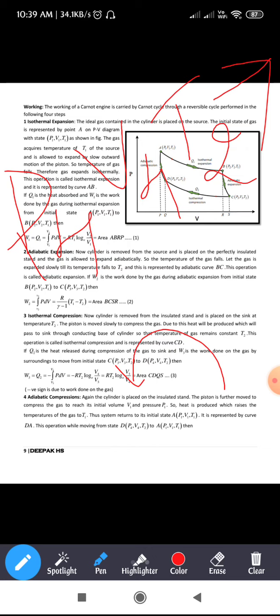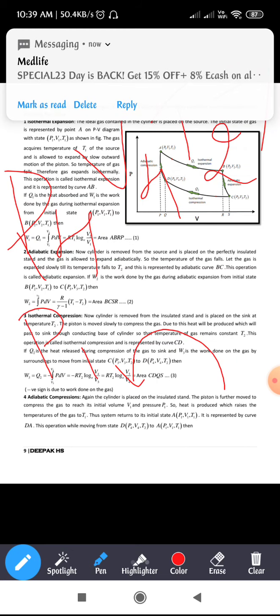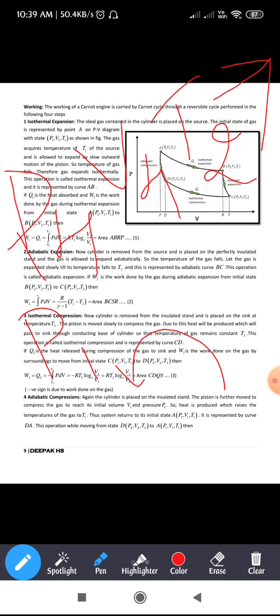Once the cylinder is placed on the insulated stand and the gas is allowed to compress, the pressure changes from P4 to P1, volume changes from V4 to V1, and the temperature changes from T2 to T1. So the temperature increases in this case, right?